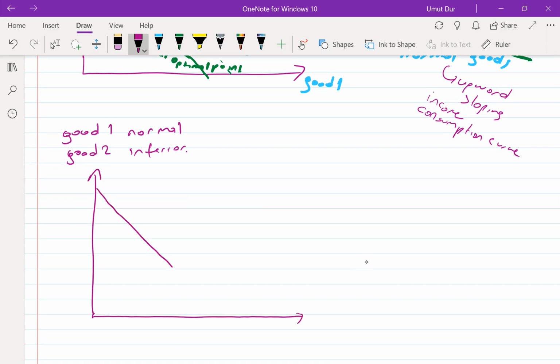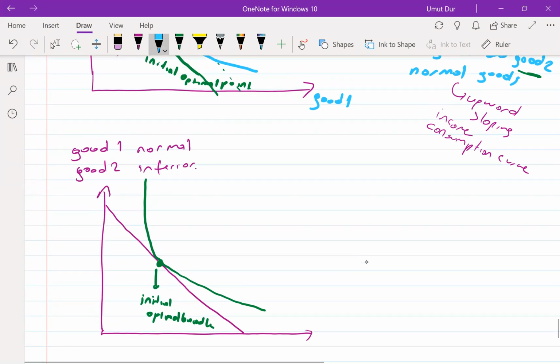So let's say that this is our initial budget line, this is our initial indifference curve, and this is our initial optimal bundle. Suppose that my income increases. Now I have this new budget line.